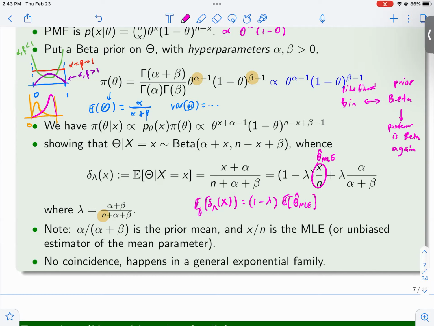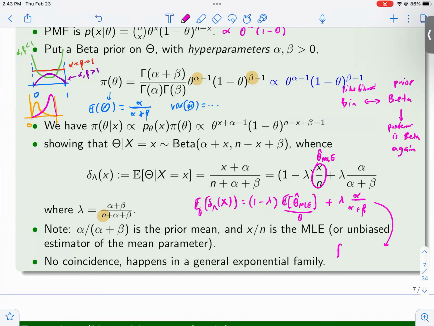Under that true parameter theta from the family, we know that this is going to be theta. And because lambda is never going to be 0 for finite n, there's always going to be this extra term, so it's not going to be exactly theta.